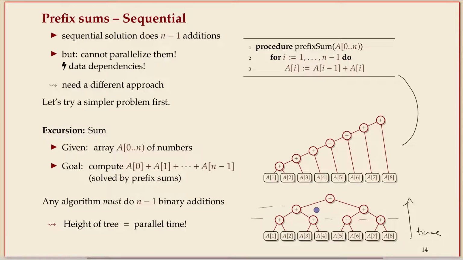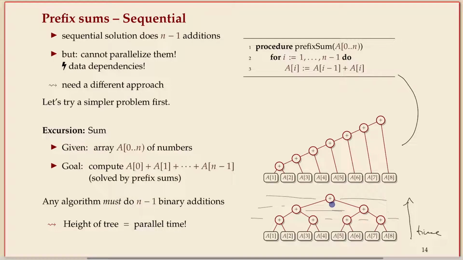That's the second time step. And then there's one last time step. You see it gets less and less busy. So here 4 PEs were busy, here just 2, and then just 1. But we reduced the height of the tree. Here the height was 7? And here it's just 3. OK?